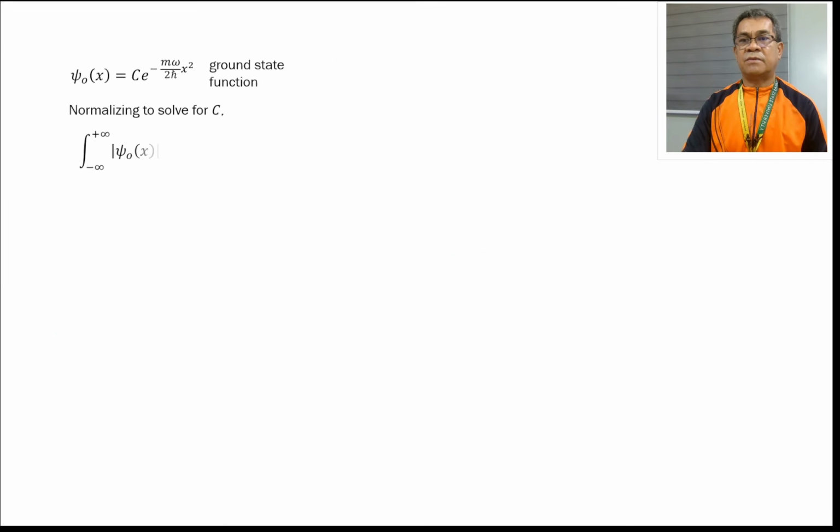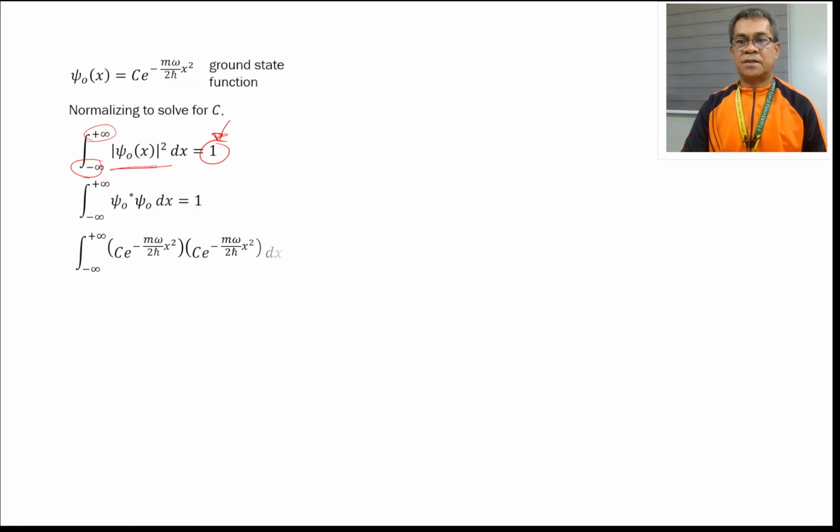Normalize, of course, to ensure the total is 100%, and extend that from negative infinity to positive infinity, and take the absolute square because this is the probability density. Then with those boundary limits, the probability of finding the particle is 100%. One means 100%. So then evaluate the integrals, of course.